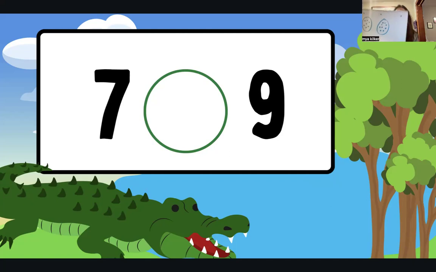So here's 2 plates of cookies, and you can see that this one has more cookies on it because 9 is bigger than 7. So in this case, we would use our alligator symbol, and we want it to eat the bigger number. So we want 7 is eating 9. So this is what you should have. And we'll do more to practice.